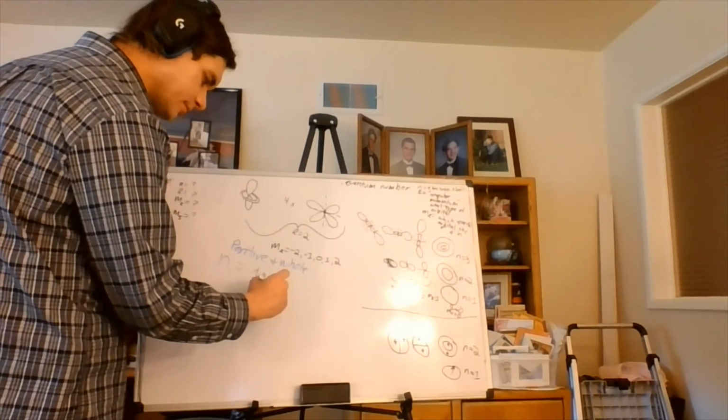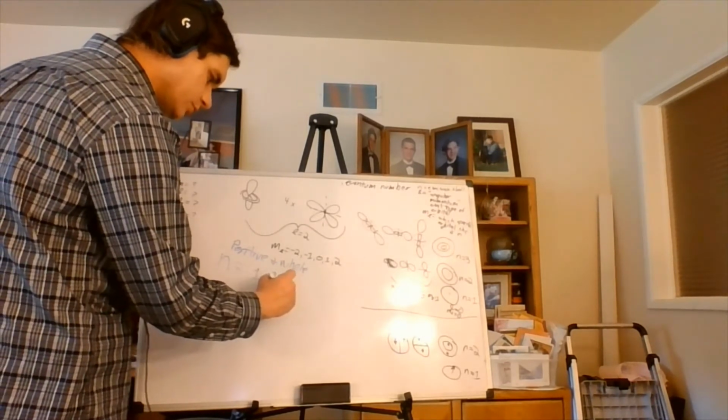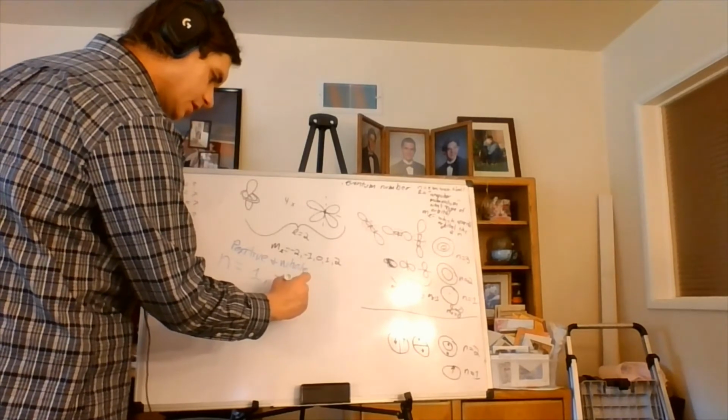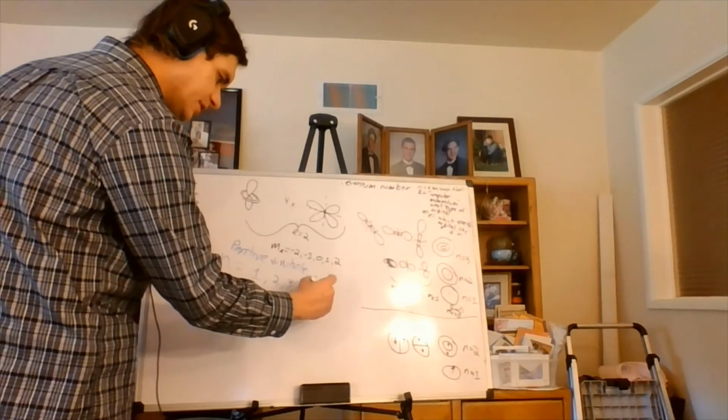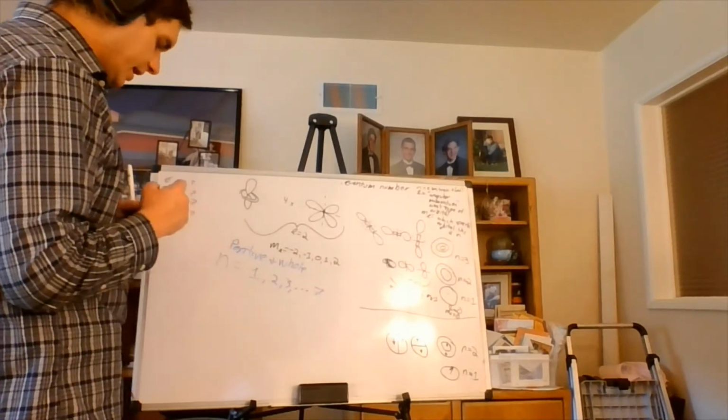So it can be 1, it can be 2, it can be 3, it can be 7. It has to be a whole number.